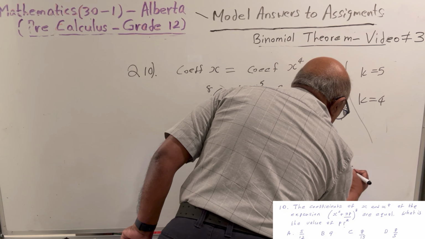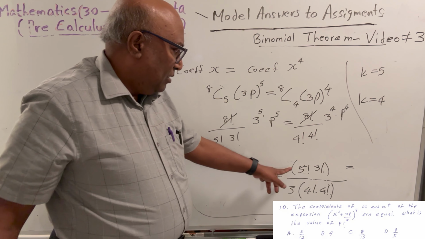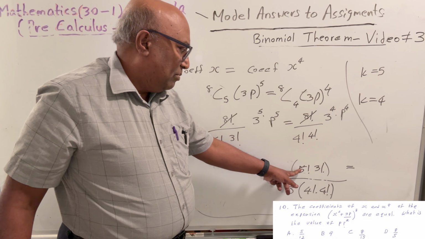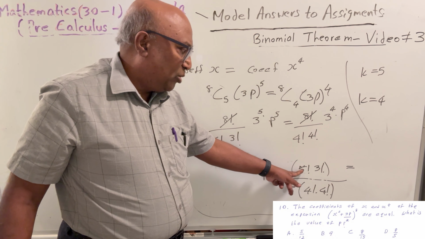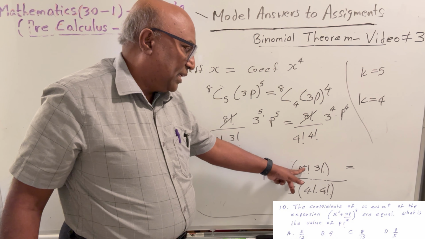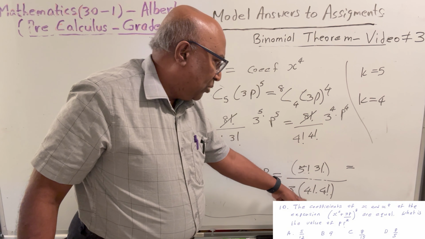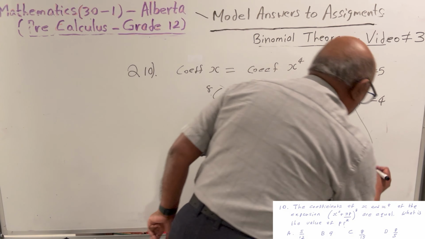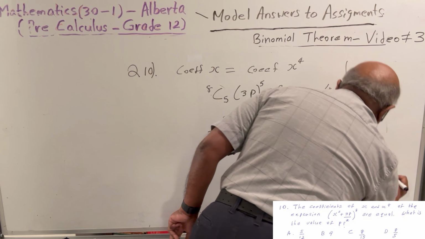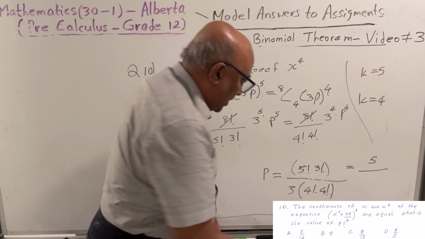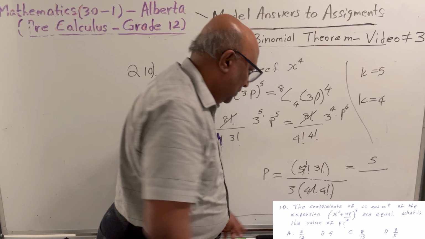Let's finalize the answer here. What is factorial 5? Factorial 5 is 5 times factorial 4. Factorial 4 is cancelled, then 5 remains.